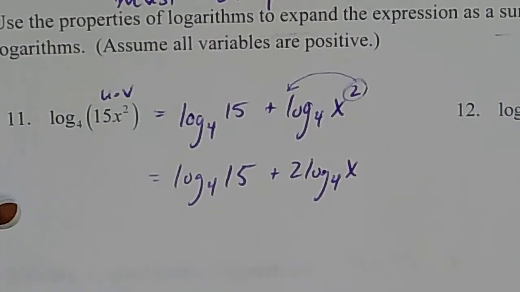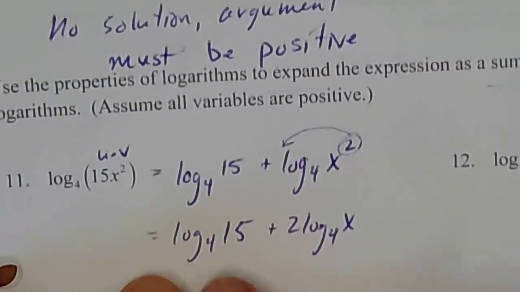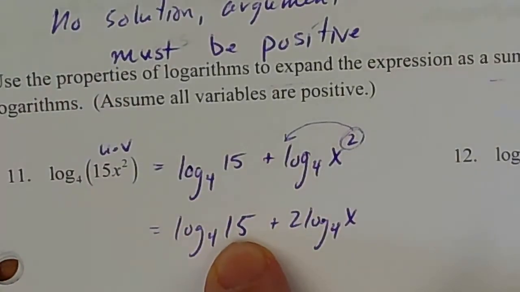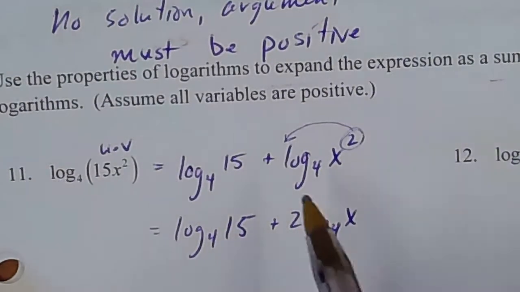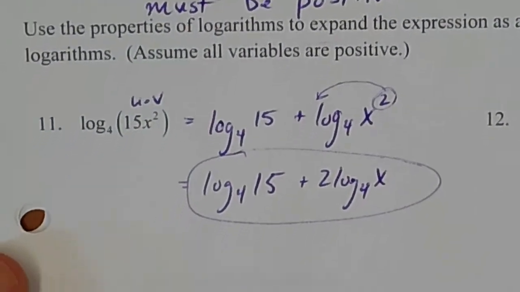And check to see if you can simplify it. If you got some basic ones like we had up here, log base 3 of 27, we could evaluate it. 4 to the what power gives me 15? It's going to be a decimal. Don't worry about it. You don't have to answer it if it's going to be a decimal. If it's an obvious integer, use it. Problem's done. Okay. Try 12.